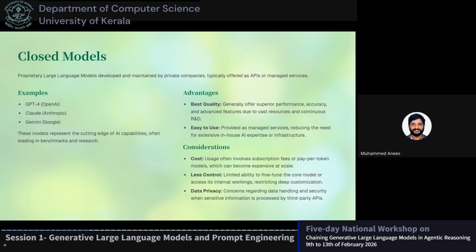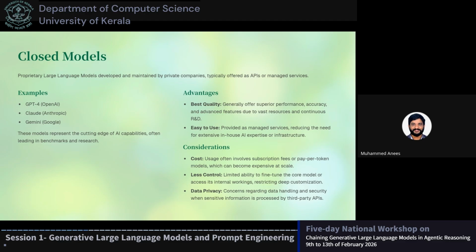So when we talk about LLMs or generative AI, we have closed models as well as open models. Closed models are proprietary, like in the OS. When we talk about OS, we have Windows and Linux, right? The same way, we have closed models and open models.